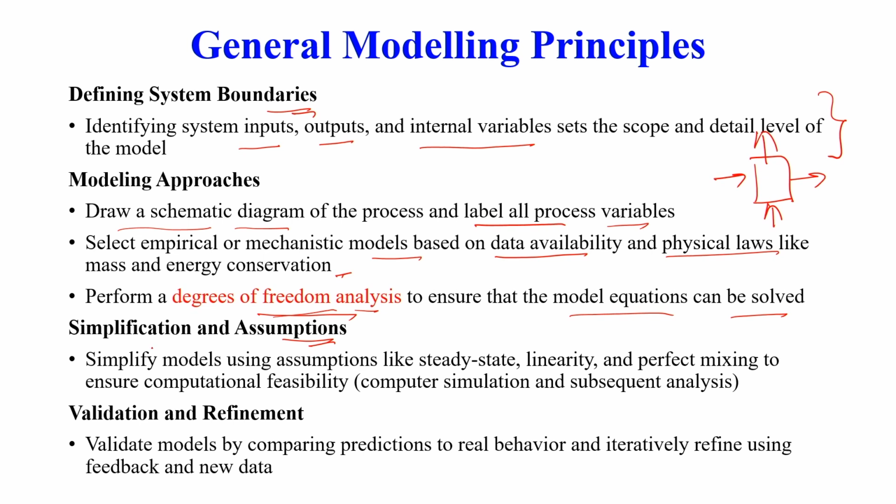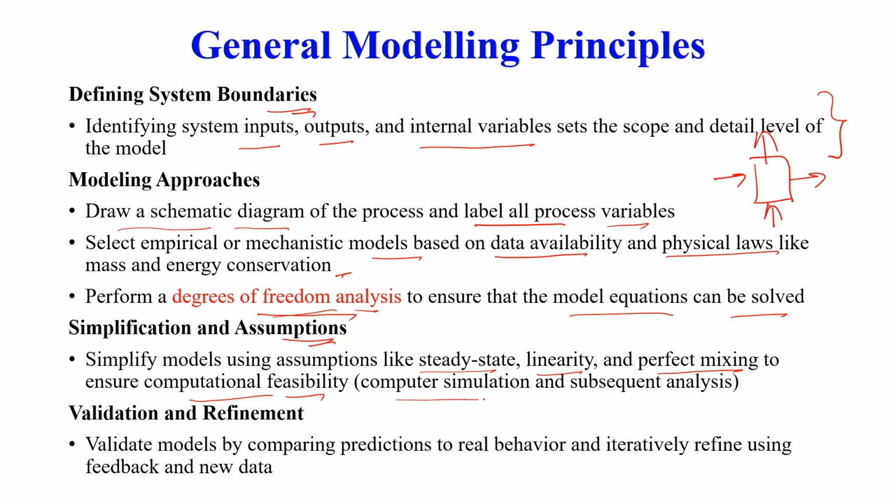For that we go for simplification and making certain assumptions, like steady state, linearity, and perfectly mixed. To ensure computational feasibility, we simplify so that it can be computationally solved.